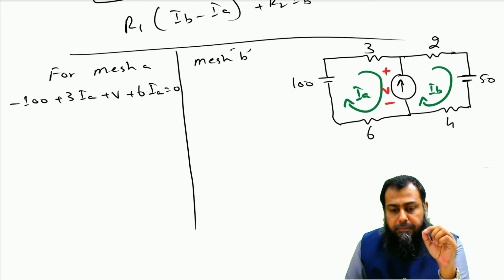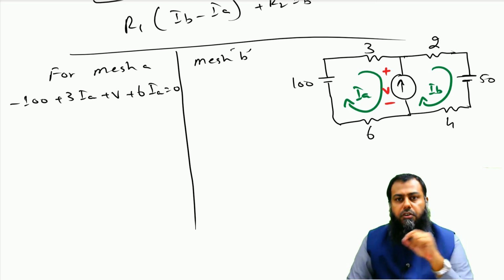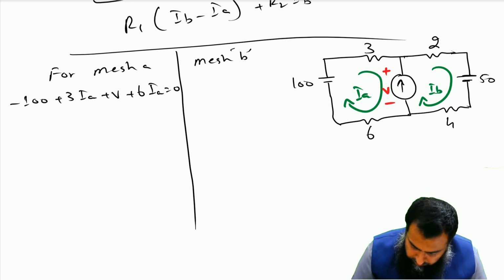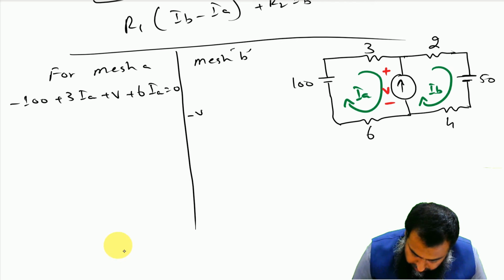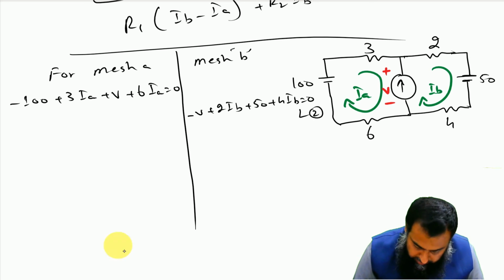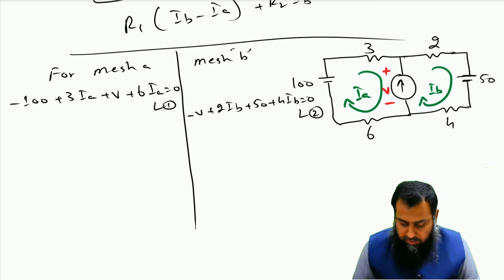For mesh current B, we shall write the equation on similar grounds. So let me write down the equation. We have minus V plus 2 times IB plus 50 plus 4 times IB, and that is equal to 0. This is my equation number 2, and this is my equation number 1. Now, if I add these two equations, I will simply get rid of this V, right?